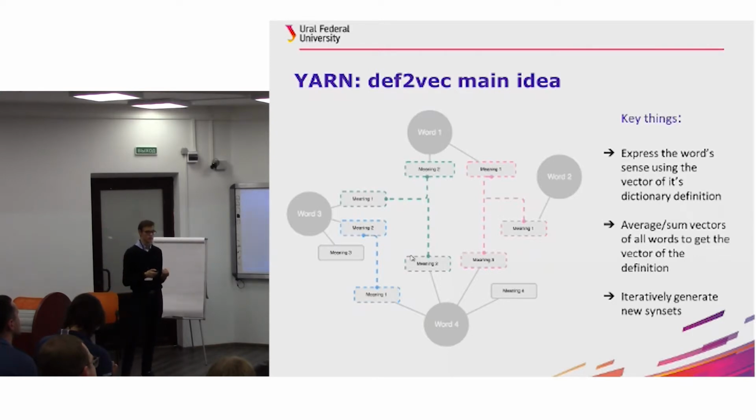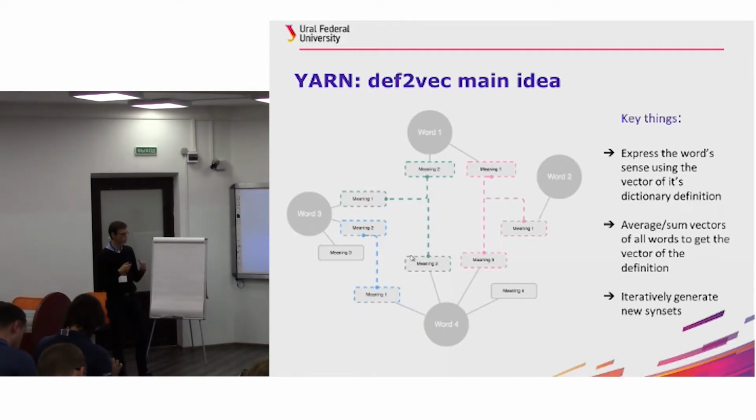The definition is about two sentences or less, so it's not that long. We collected them using the dictionary, but other resources were also used. To represent the definition as a vector, we simply sum, or average as a baseline method, the vectors of all the words in it.